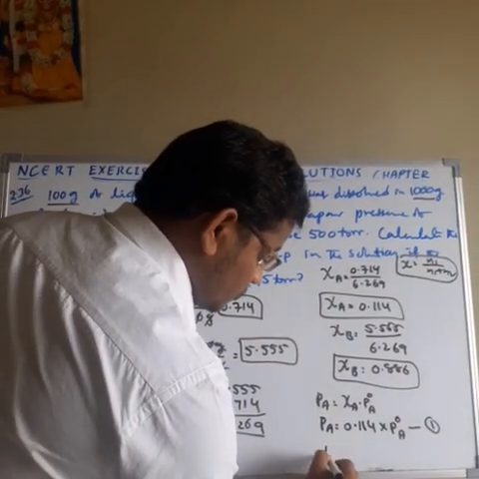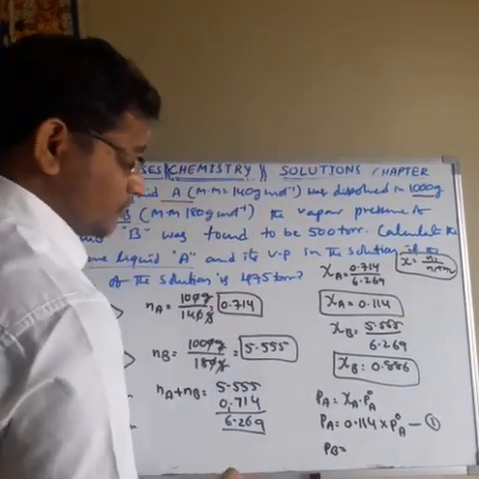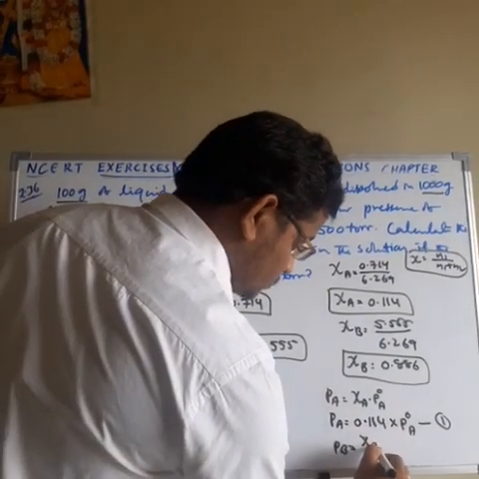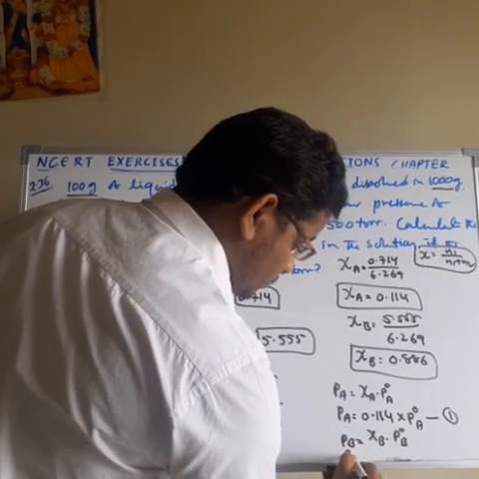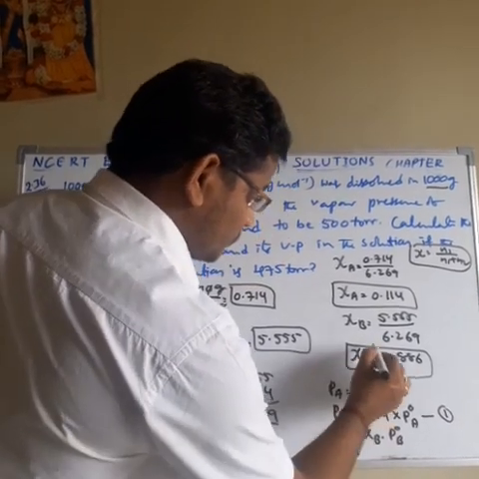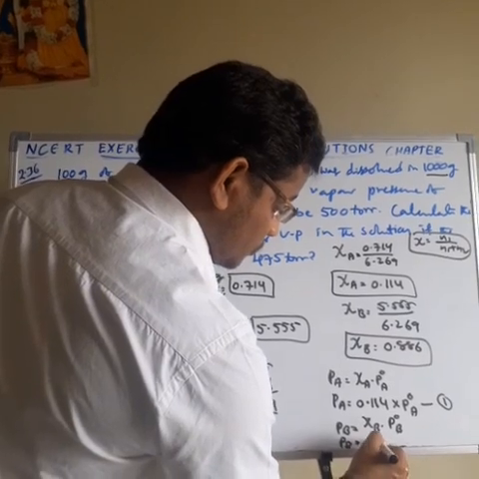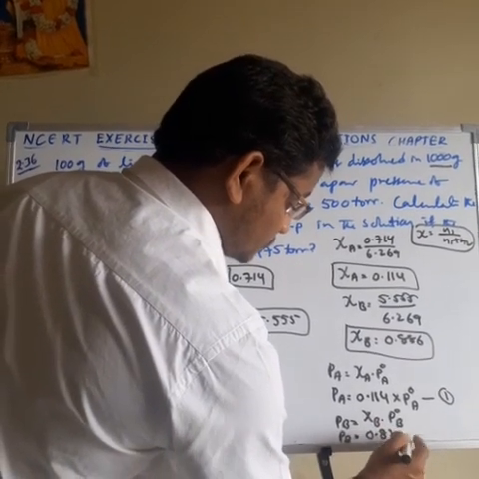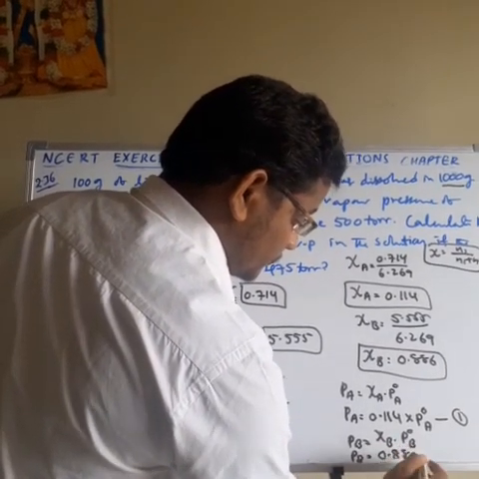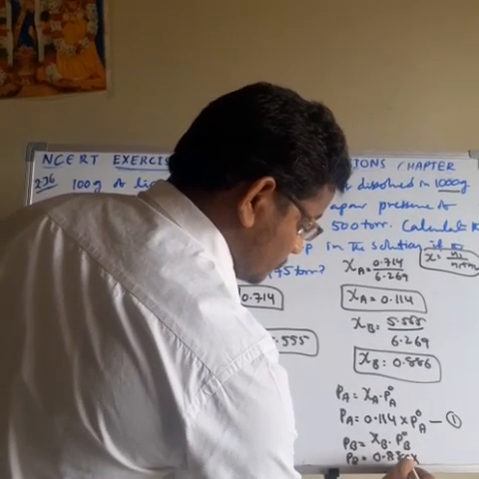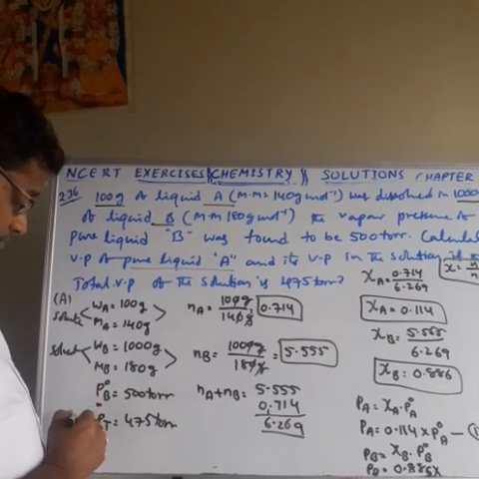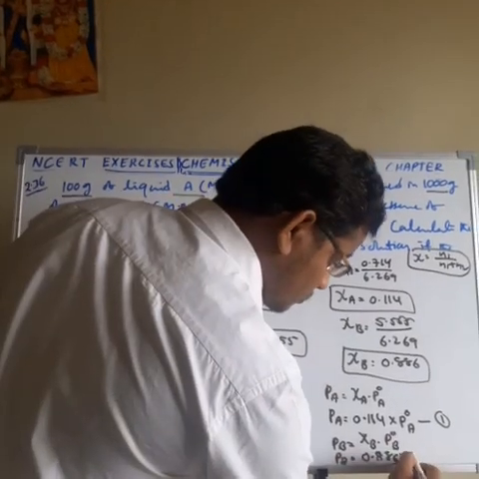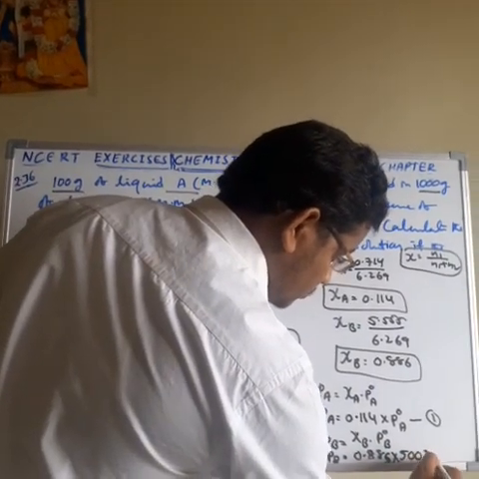Then next is PB, the partial pressure of B. Same formula: mole fraction of B into P naught B. PB is equal to the mole fraction of B, 0.886, into P naught B, the vapor pressure of pure liquid B, 500 torr.